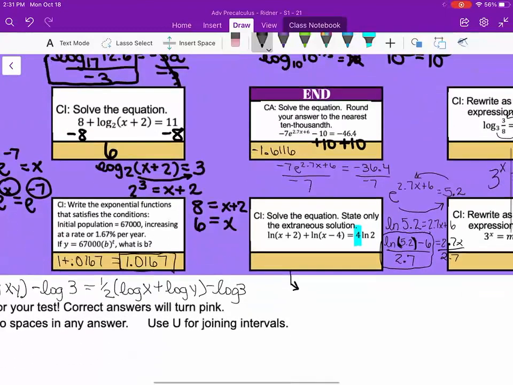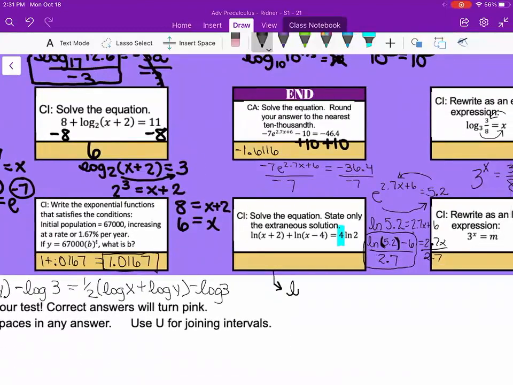All right, so using my properties, I have x plus 2 times x minus 4 equals ln of 2 to the 4th power. My ln's are going to cancel, so I have x squared minus 2x minus 8 equals 2 to the 4th power, which is 16. I have a quadratic function, so I have to subtract and set equal to 0.